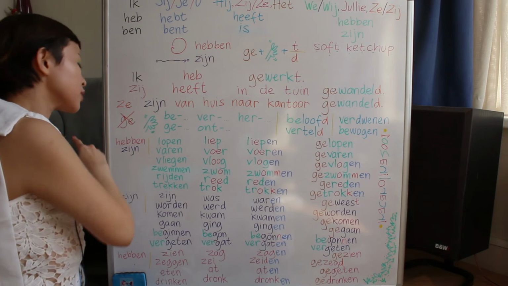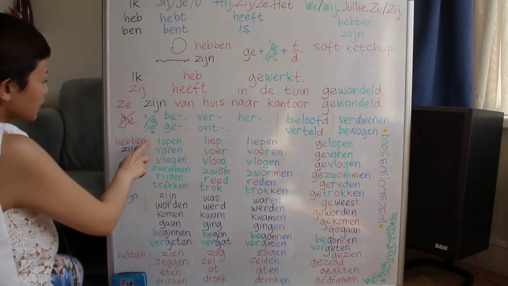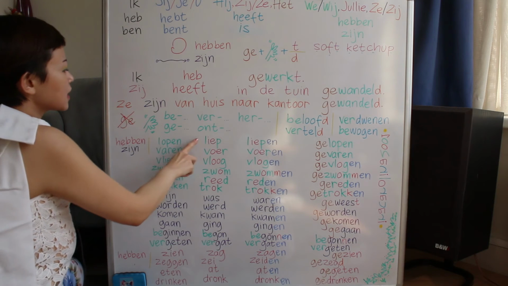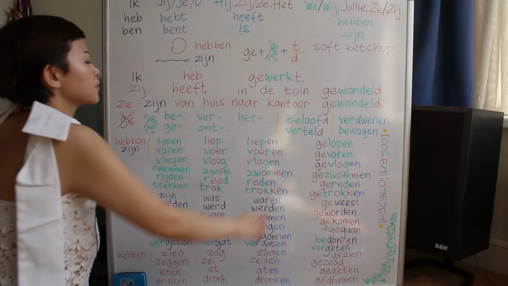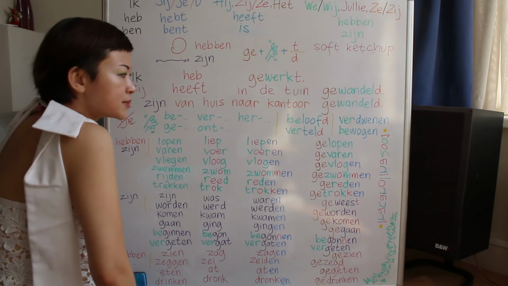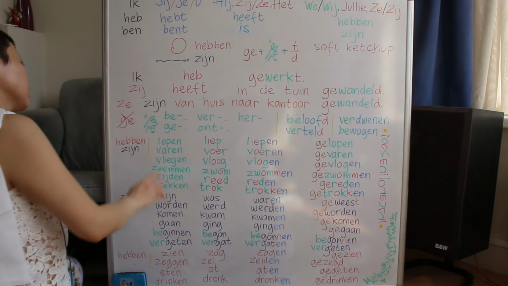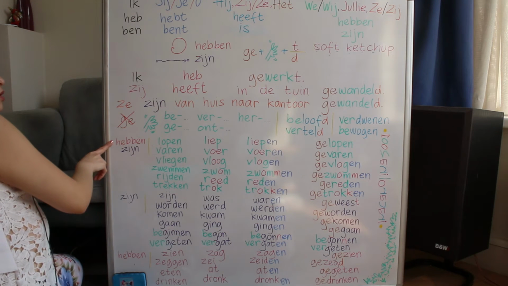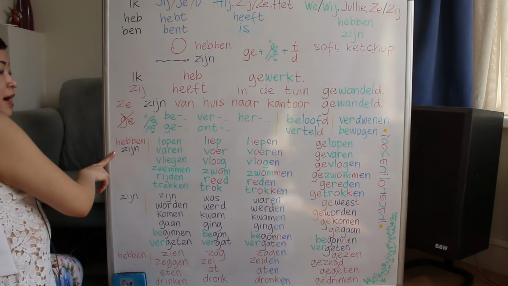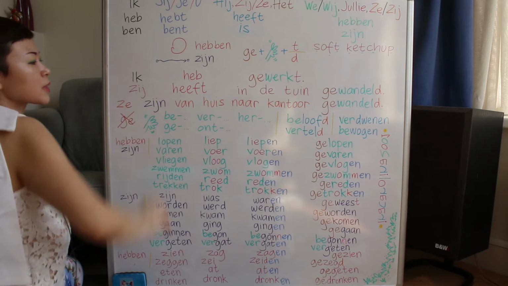But this one we use heeft because in the same surrounding there's no movement. But here we use zijn because there's movement, there's change from one point to the other point. That's why we use zijn. We use the same gewandeld here.